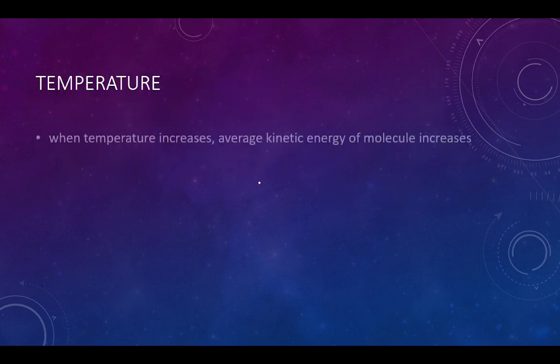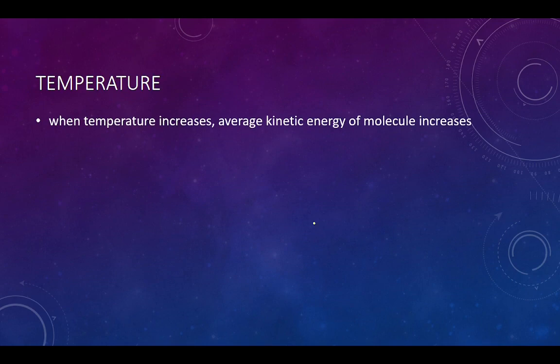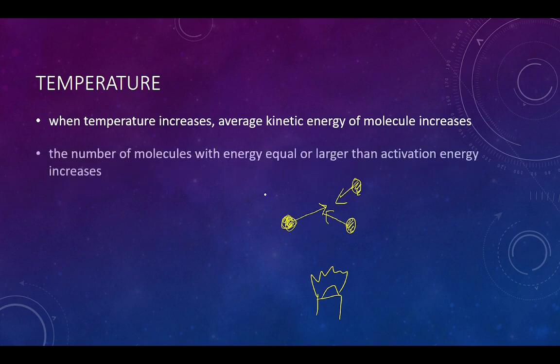Okay, what about temperature? When temperature increases, the average kinetic energy of molecules increases. Okay, I draw a particle. Let's say this is a particle, this is another particle, and this is another particle. When you give energy, let's say fire, these will move much stronger, with much more speed. The average kinetic energy is increased, so they might collide with each other.